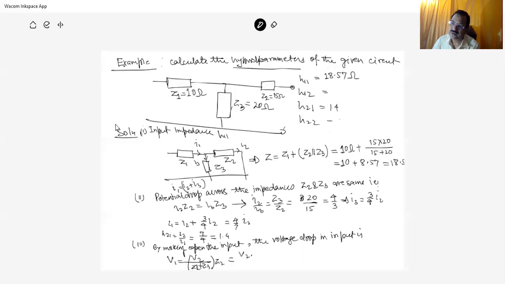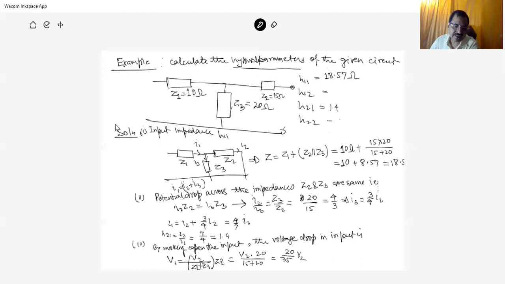That is V2 into Z3, Z3 is 20 upon 15 plus 20. So this is 20 by 35 V2.